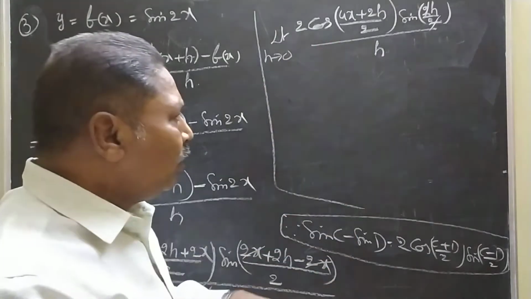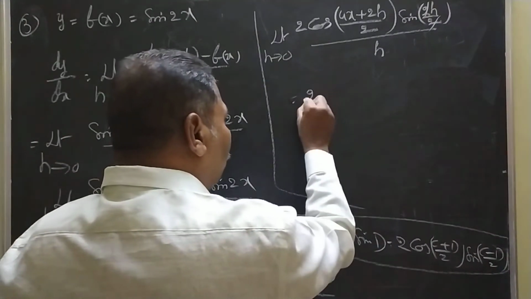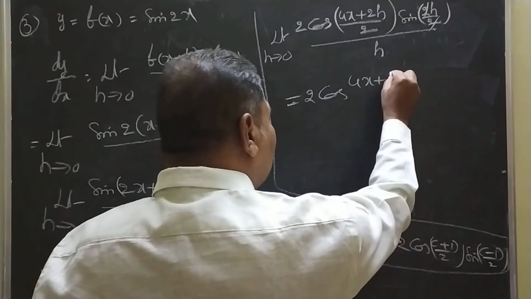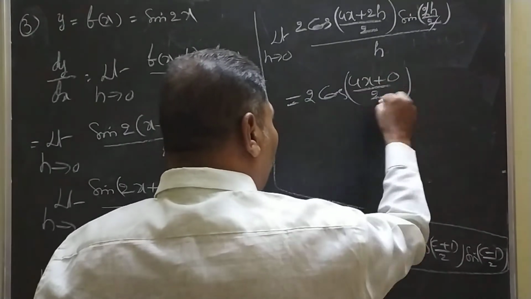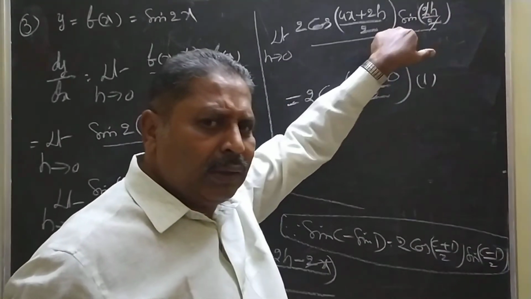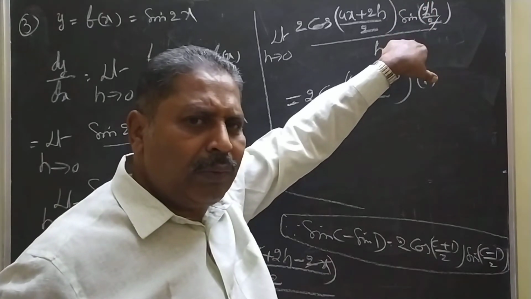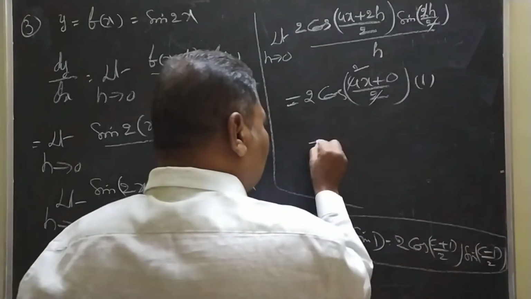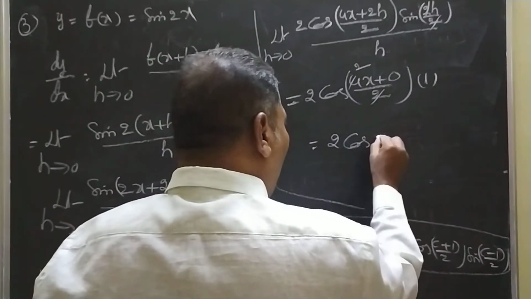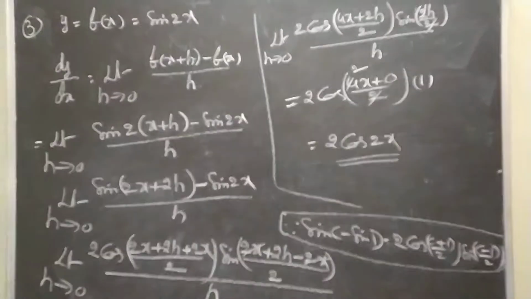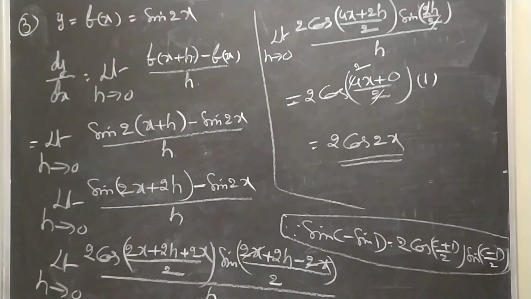Substitute h value 0: 2 cos of 4x plus 0 by 2, sin theta by theta value 1. So the 4 and 2 cancel, giving 2 cos 2x.